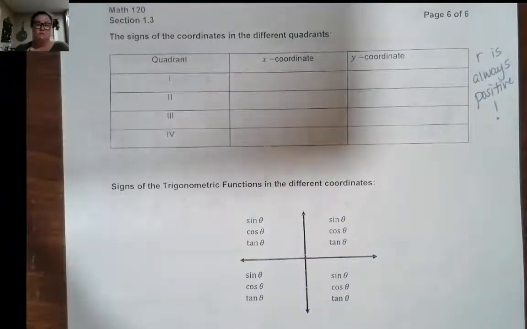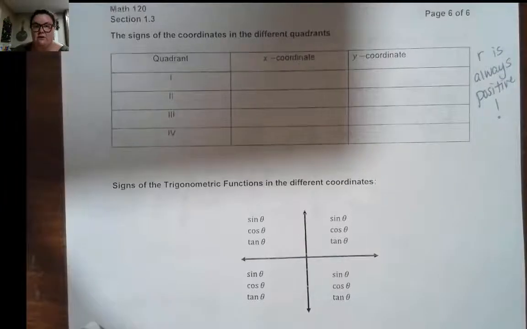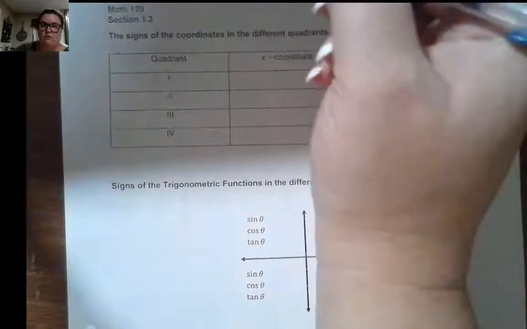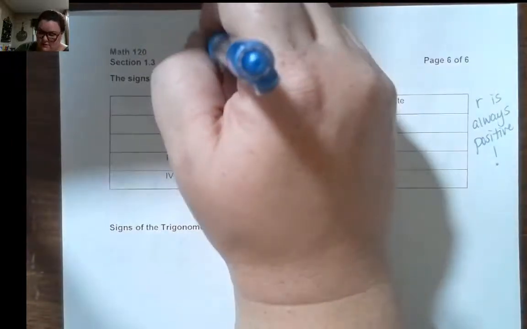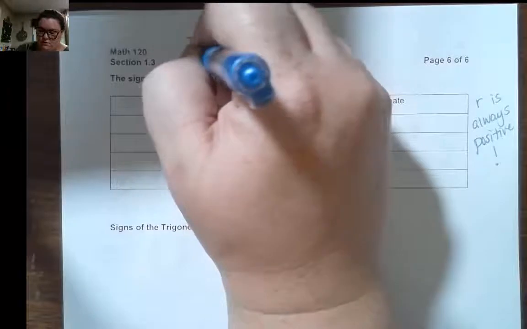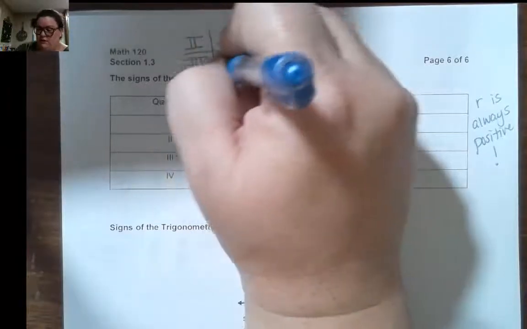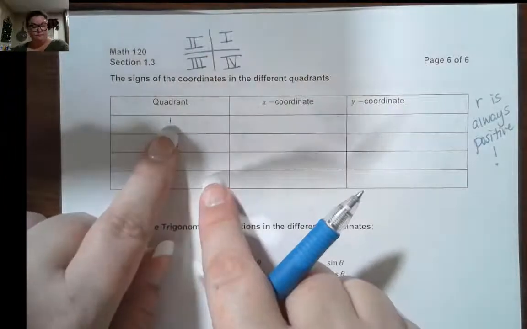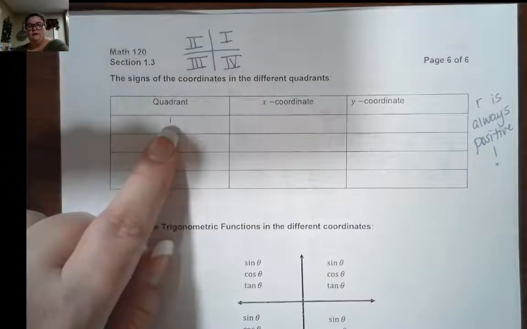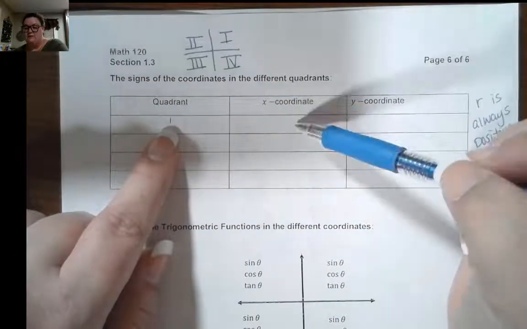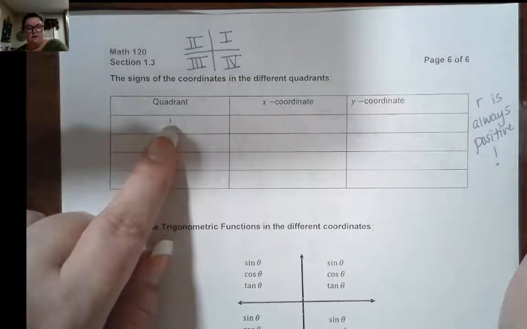Positives don't. So let's go ahead and look at if something's in quadrant 1. Recall, this is quadrant 1, this is quadrant 2, quadrant 3, and quadrant 4. If it lies in quadrant 1, I want to know what kind of x value and what kind of y value it has.